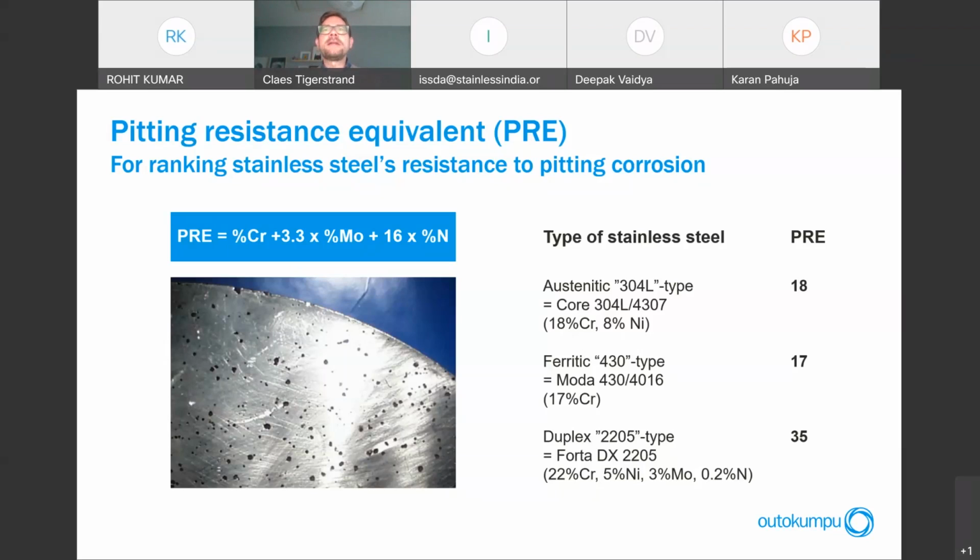So there you see the beneficial effect of the alloying in the duplex grades to increase the PRE number. But we will see later on in the next session we have, where we focus more on corrosion, that this is a good first attempt to rank the grades, but that there are other methods that actually are to be preferred.